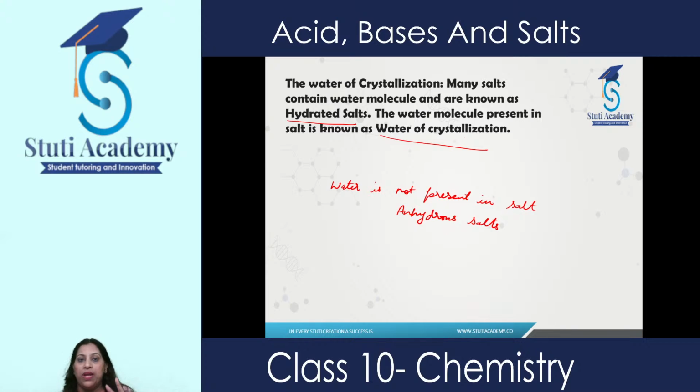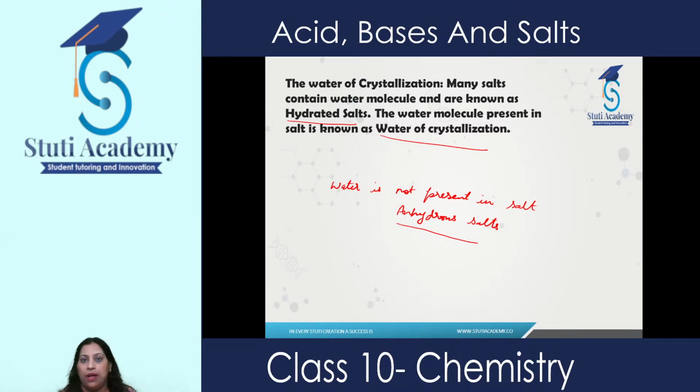So the difference between hydrated and anhydrous salts is that hydrated salts contain water molecules, and anhydrous salts do not contain water molecules. If we heat some salts, they lose their water molecules and can be converted into anhydrous. Or we can convert anhydrous salt into hydrated salt by adding water into it.